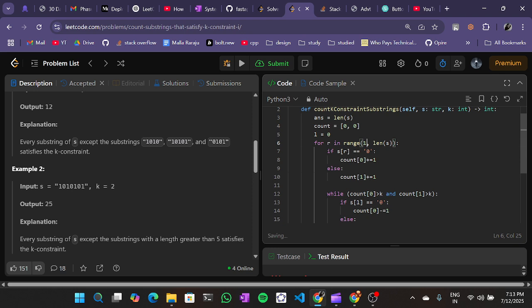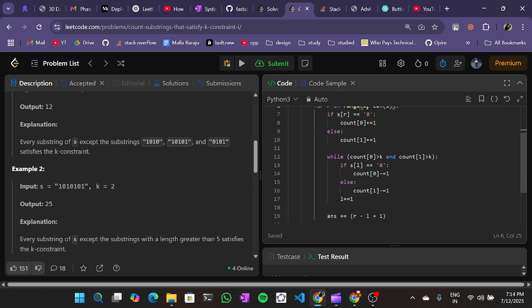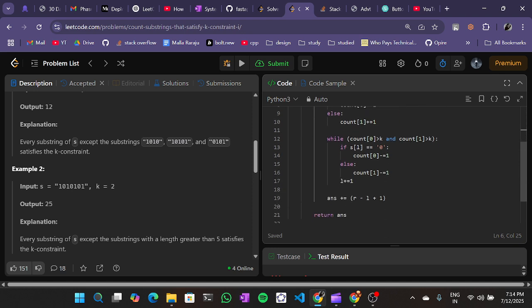If we are considering from 1 to length, then the left will be 0, the right will be 1, and r minus l plus 1, right?